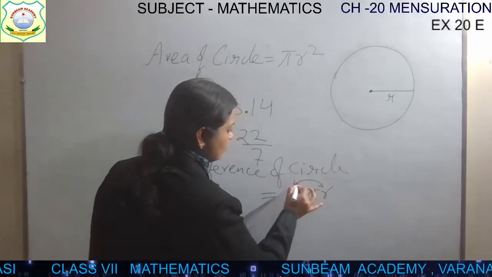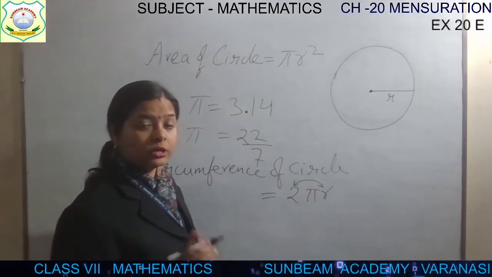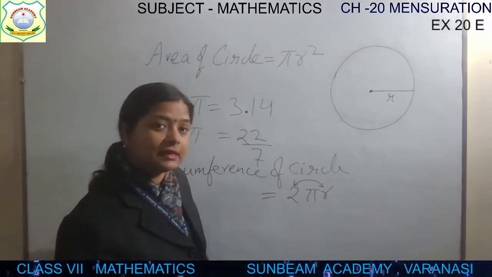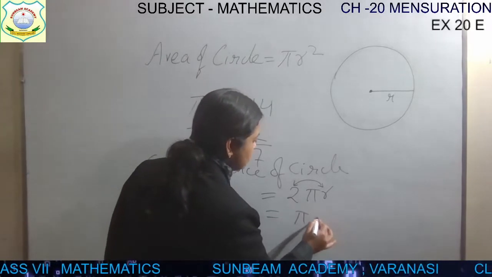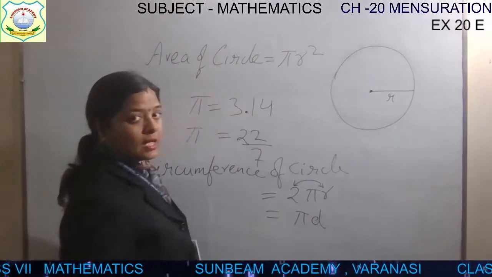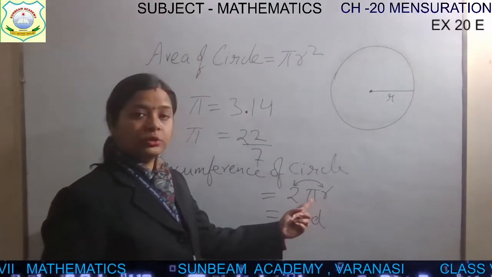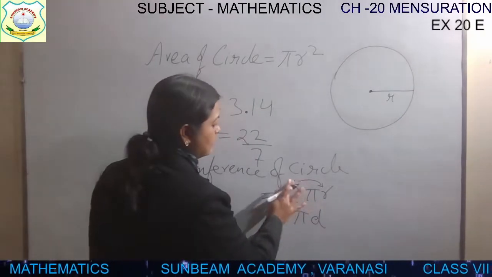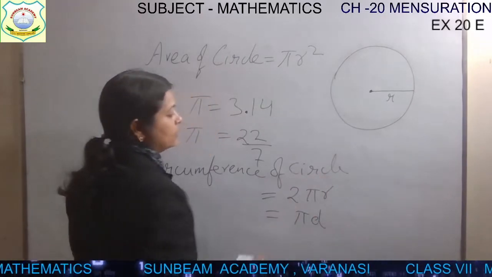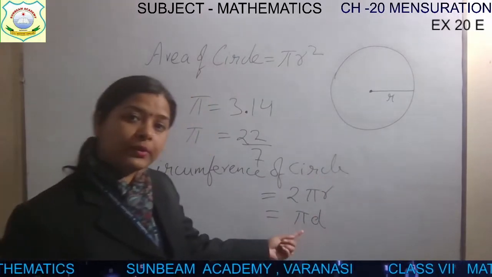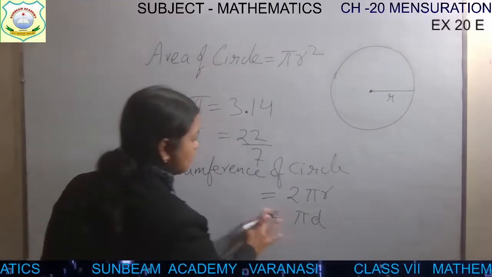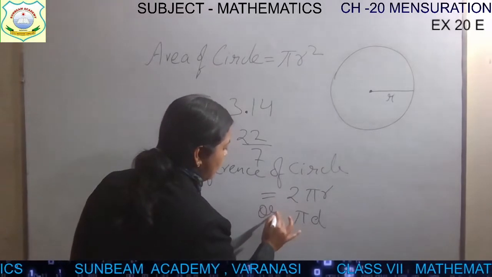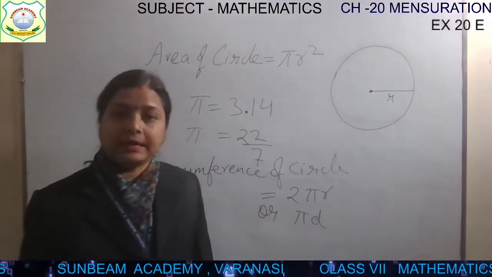Twice of r is the diameter. So you can also write it as pi into d. Either you use 2 pi r for the circumference of a circle, or you can use pi d.